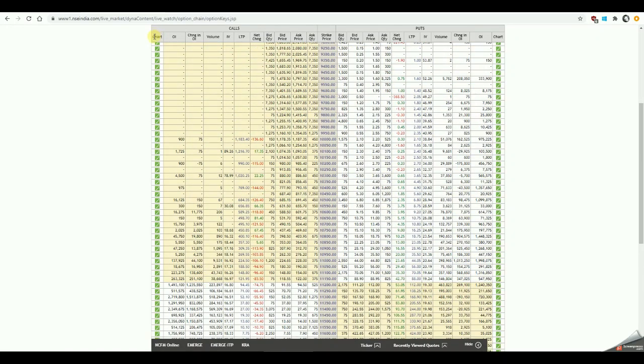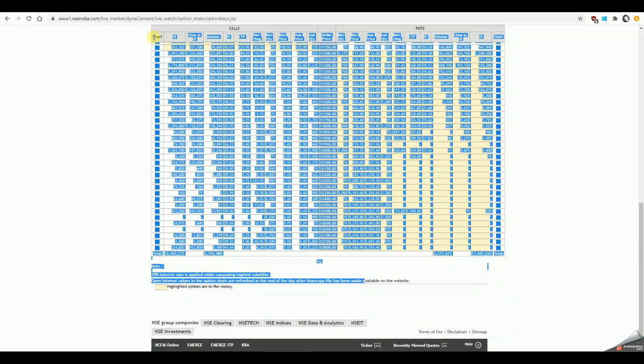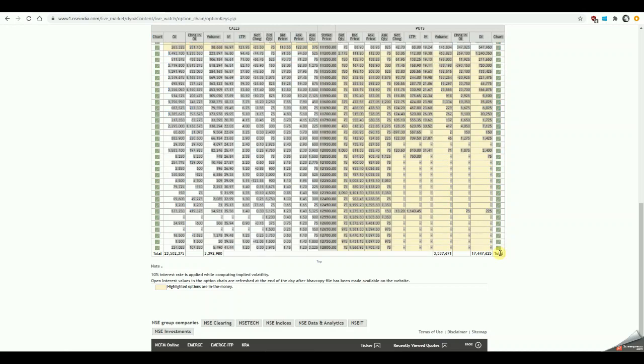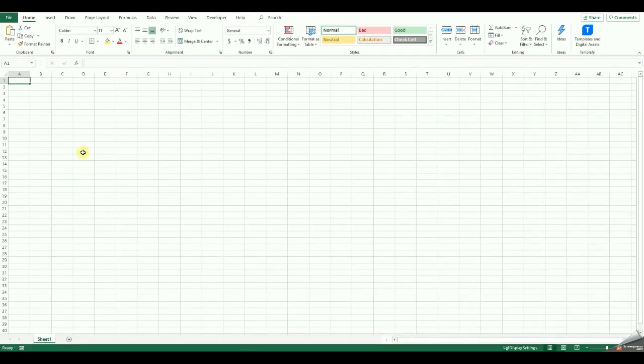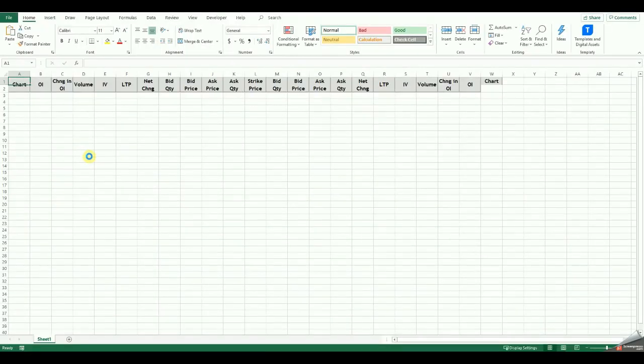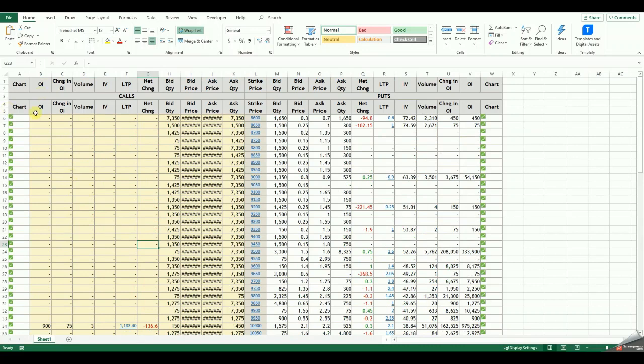So what you can do is simply copy the data and put it into Excel. And do this.